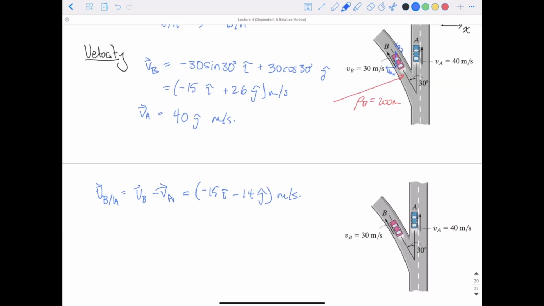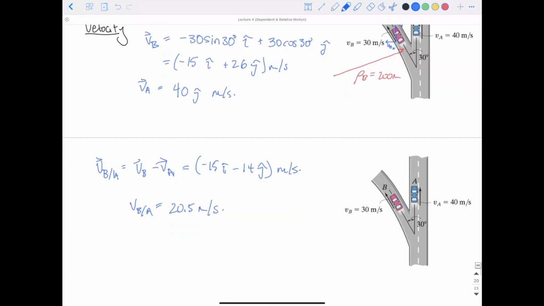And if we calculated the magnitude, we would get 20.5 meters per second. And our direction, we would find it as 43.1 degrees, and that would be downwards from the horizontal.